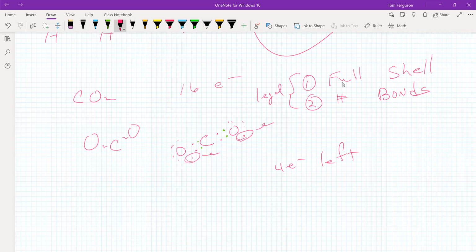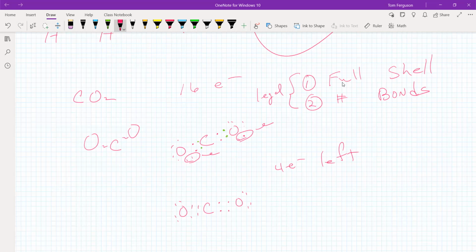Okay, if we get rid of those, that's what we're left with. Now, let's count electrons and make sure we have 8, 4 is 12, and 4 is 16, okay?